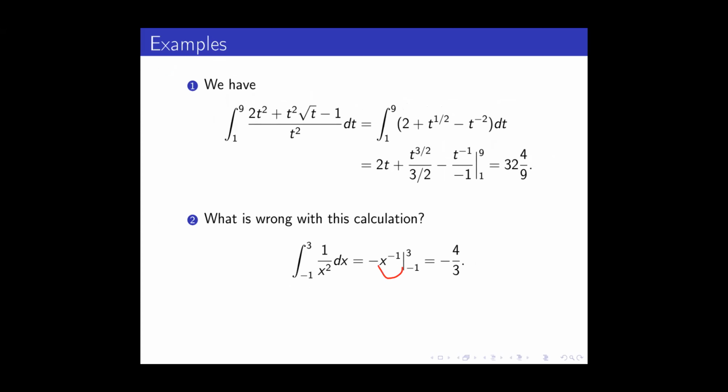If you evaluate from minus 1 to 3, you get minus 4 over 3. However, on the left-hand side you have a positive function, x to the minus 2 is always positive, and you integrate from minus 1 to 3, so you should get something positive.